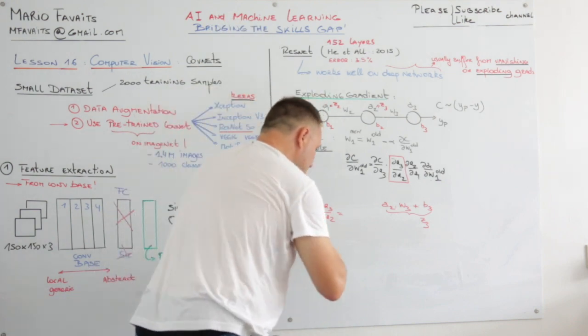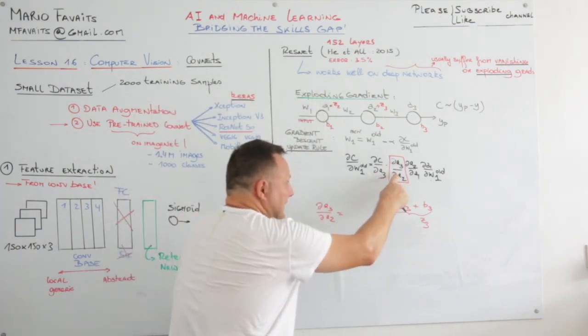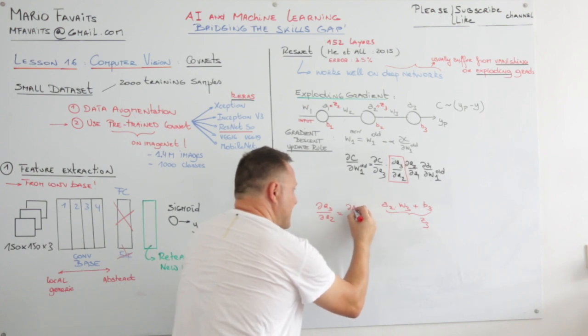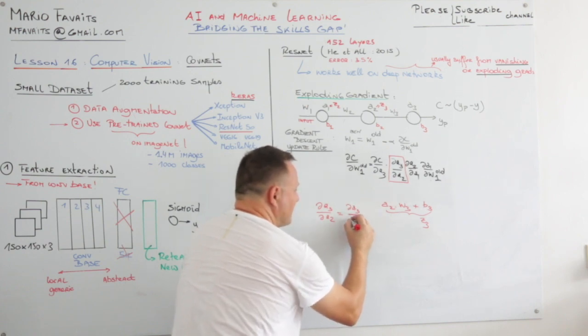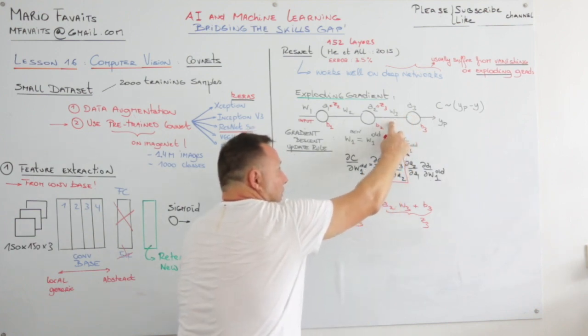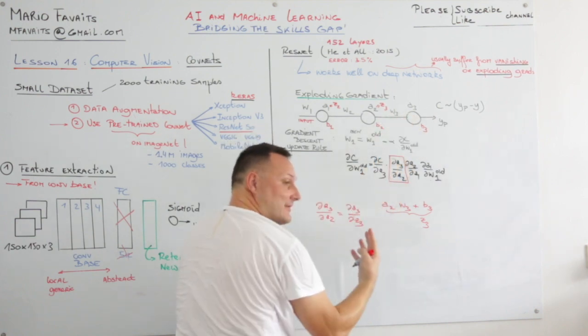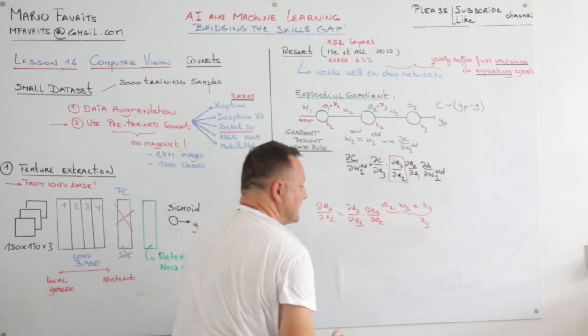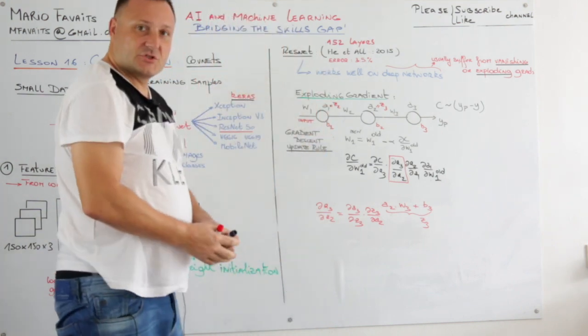So now here I can use the chain rule, and the A3 with respect to A2 is the same as A3 with respect to Z3, because A3 will be a function of Z3 because Z3 is the input, and then I have the derivative of Z3 with respect to A2. This is simple chain rule.